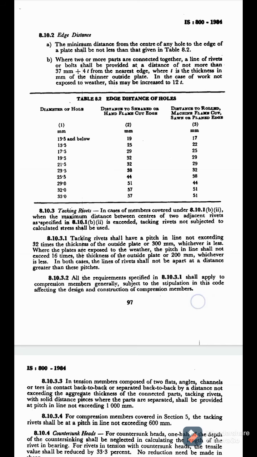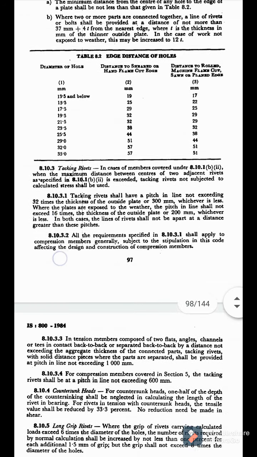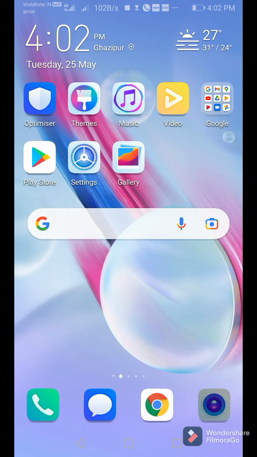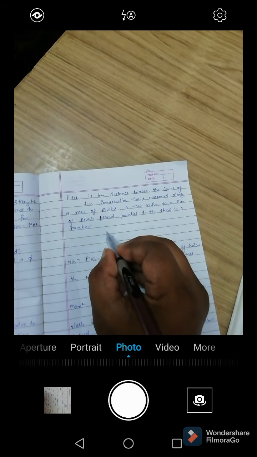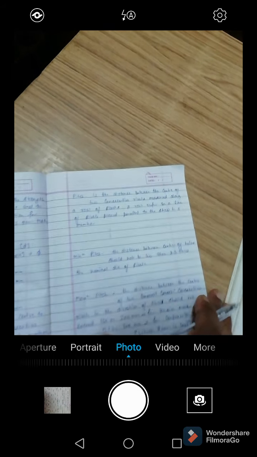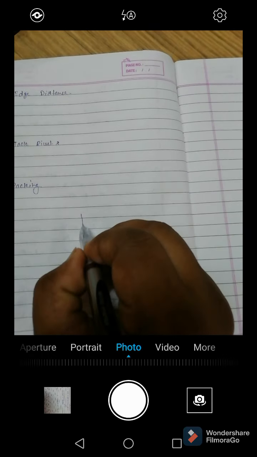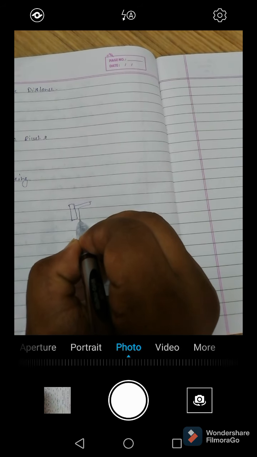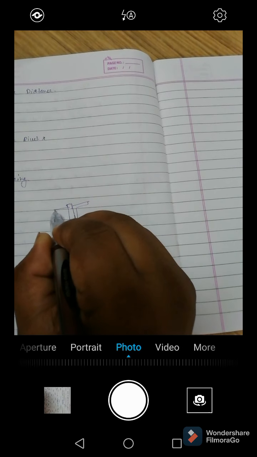For the separator, we are going to put a separator between them. See here, suppose this is your plate, and now you are going to connect this two-angle section with it like that.